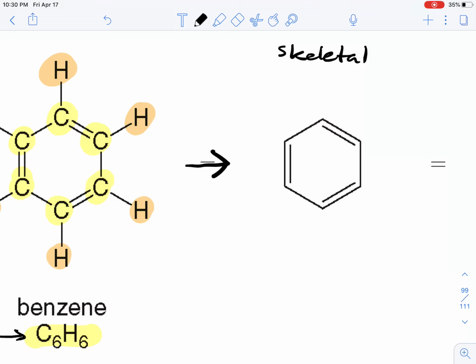And so whenever you are looking at the structure, automatically in your mind, you should know that there's one hydrogen here, there's another hydrogen here, there's another hydrogen here, and so forth.